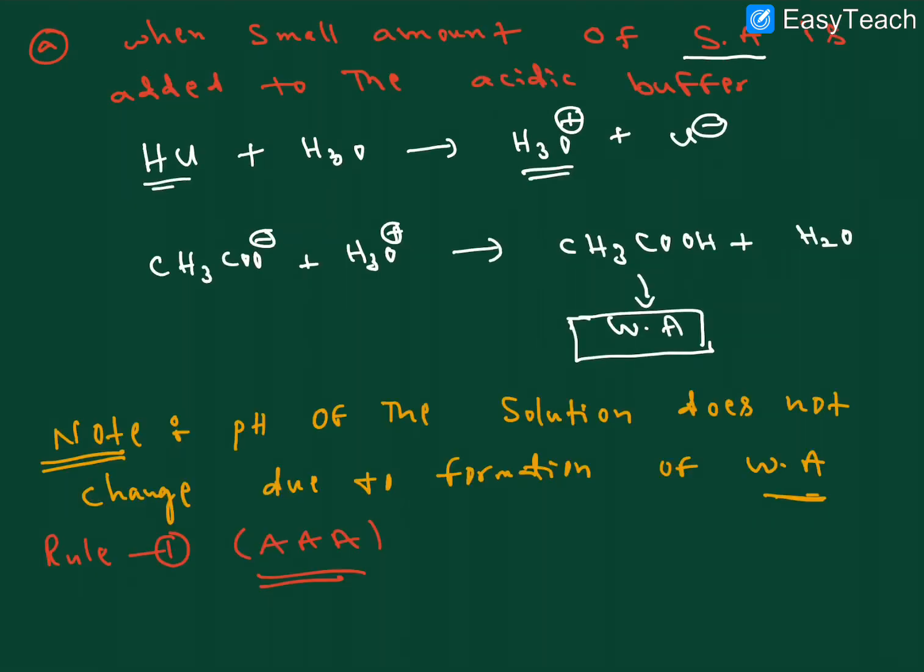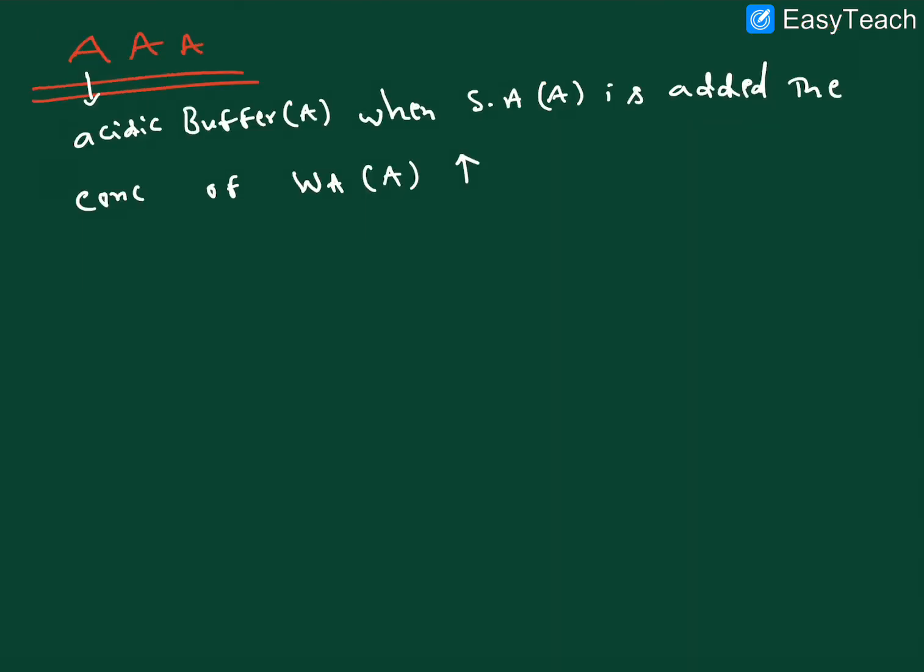Simple trick here. We are adding a strong acid, it forms H2O only, and the hydronium reacts with acetate ion, forming acetic acid. Acetic acid concentration increases here. Whenever a strong acid is added to the acidic buffer, the weak acid concentration increases.